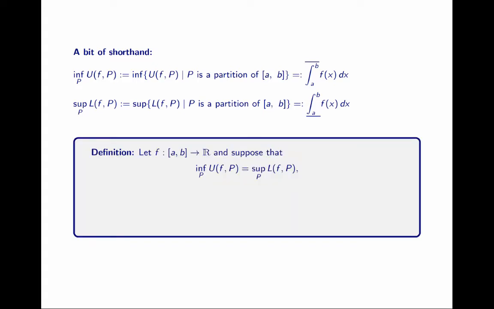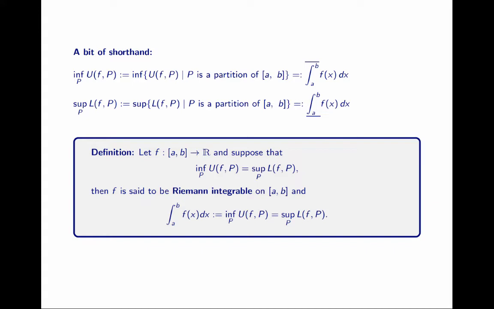So to remind ourselves of what it means to be Riemann integrable, we've seen this definition in the last video, but let's just remind ourselves. If the infimum over all partitions of every upper sum equals the supremum of all lower sums for every partition, then we say our function is Riemann integrable.